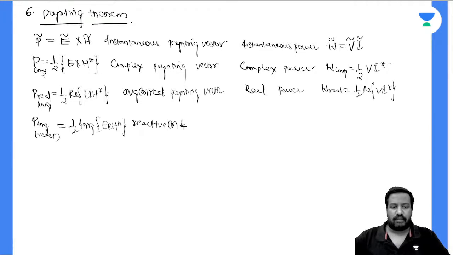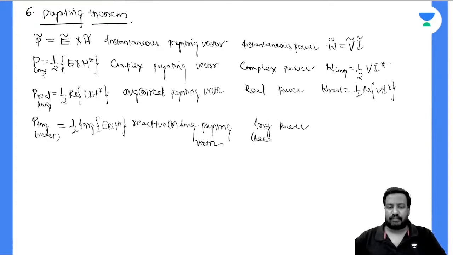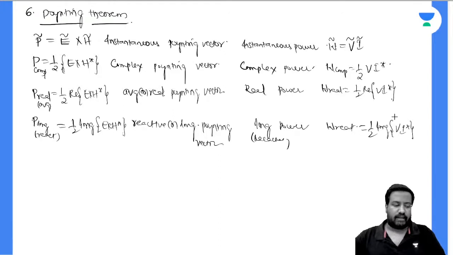Analogy: imaginary power or reactive power is 1 by 2 imaginary part of V into I conjugate.